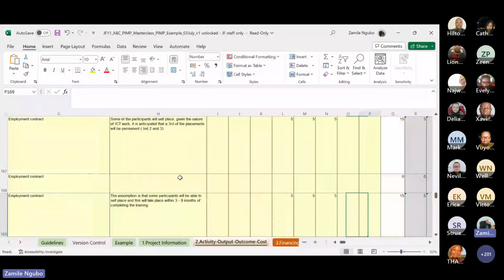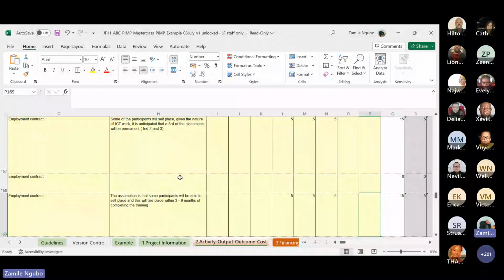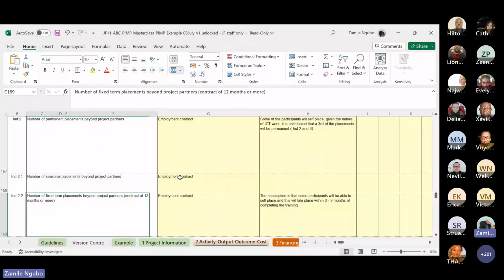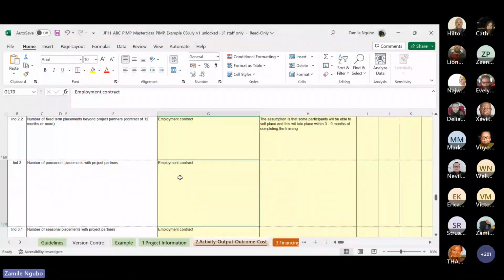So we are just trying to align the program indicator numbers that were given to the PIMP. So there is 15 for program indicator number 2.2. You will see that we've got standard means of verification.